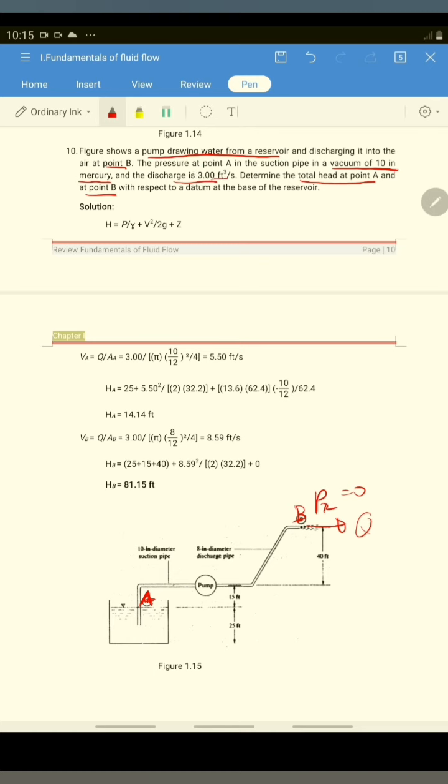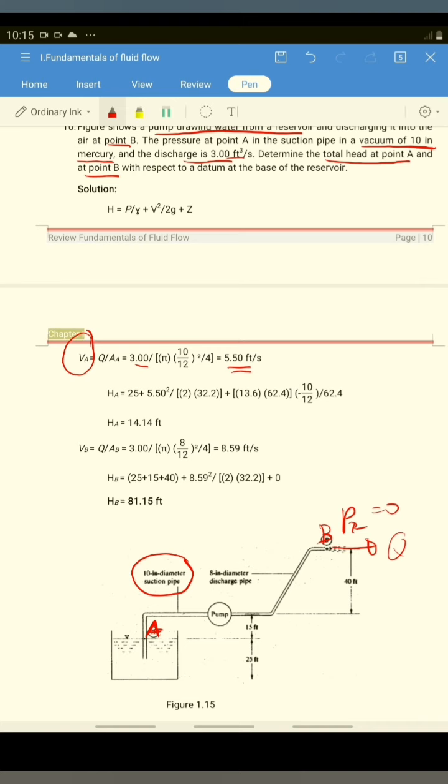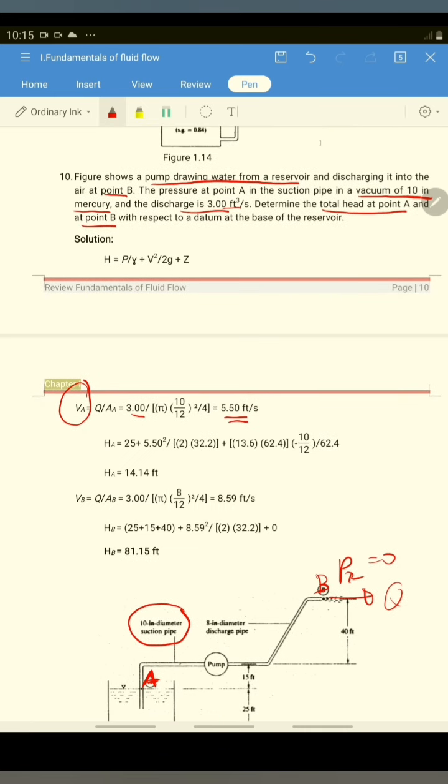Your Q is given, then the area, the diameter of the pipe is also given, so you can get your VA. The head of the vacuum is 10.